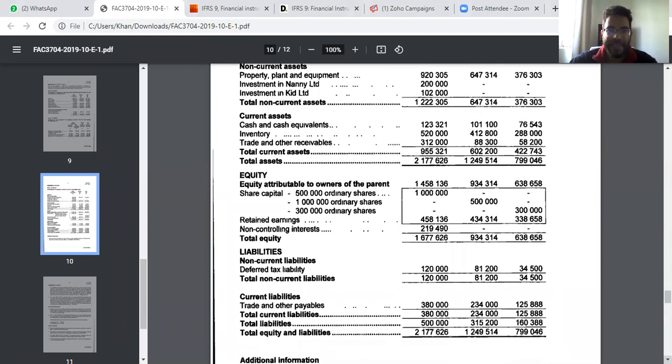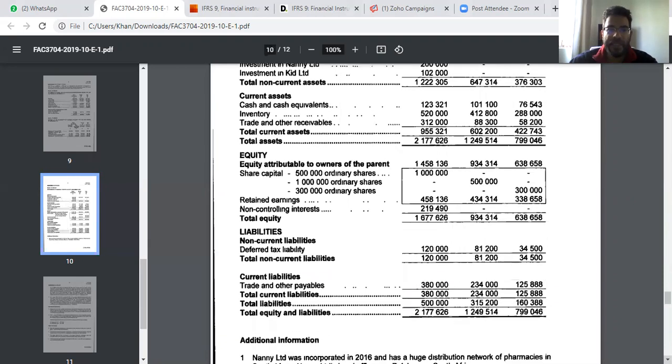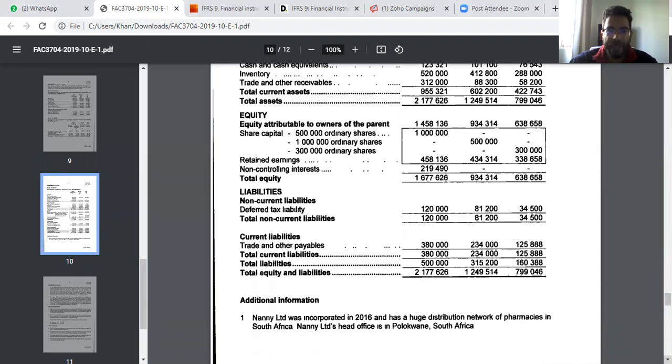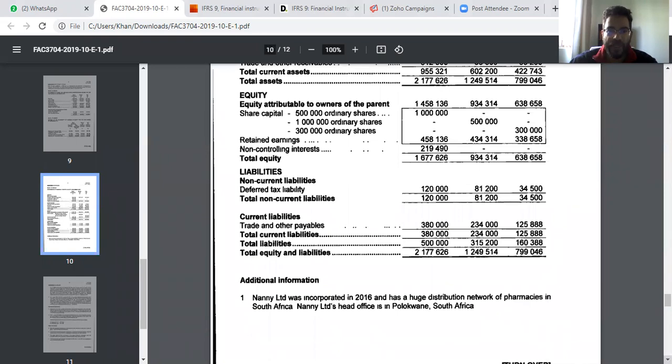Then we have current assets: cash and cash equivalents, inventory, trade and other receivables. Then equity: share capital, retained earnings, non-controlling interest, and then deferred tax liability and trade and other payables. At this point we don't know whether we have a subsidiary or associates, so we'll have to read further to determine that.